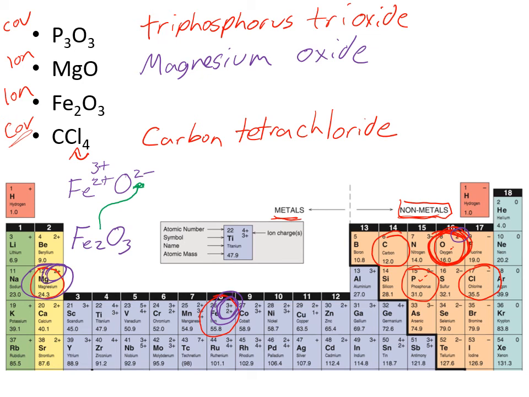Now, since this 2 was linked to that 2, there was no change. This 3 links to this 3 right up here with no change. So, in other words, since we are using the 3 ion right here, it is going to be called iron 3 oxide.